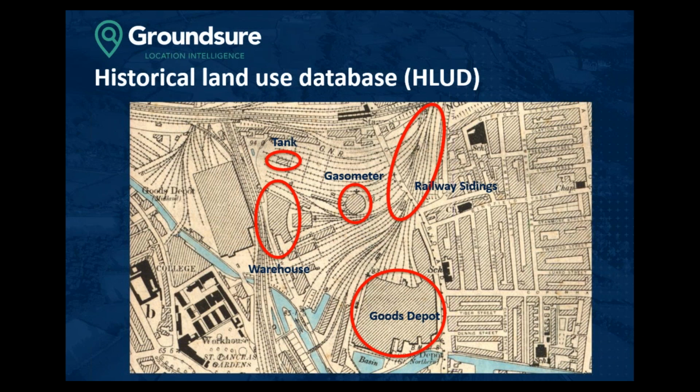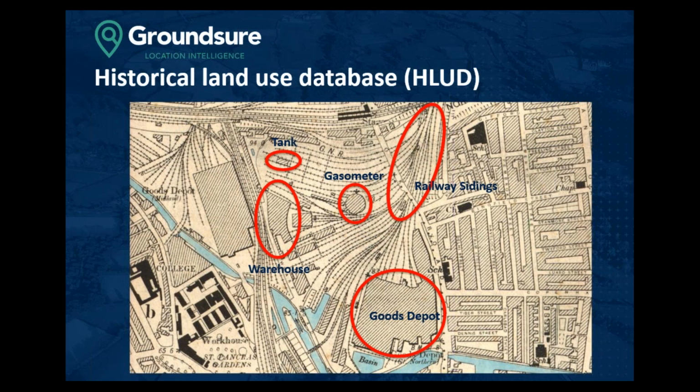In particular, our Groundshare historical land use database is an unrivaled data asset in terms of the level of detail and insight it provides, with over 27,000 individual land use classifications across the UK, and with mapping data that goes back as far as 1842.